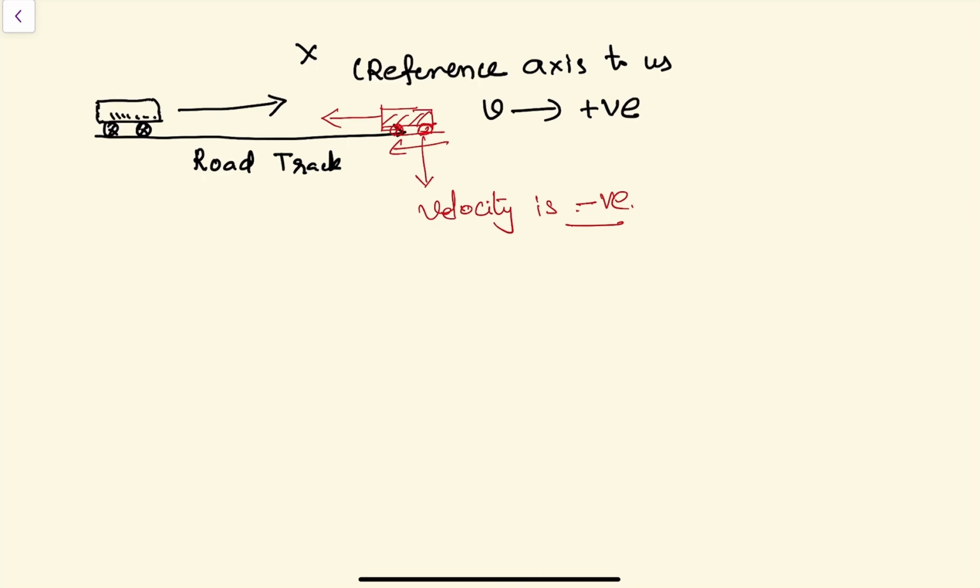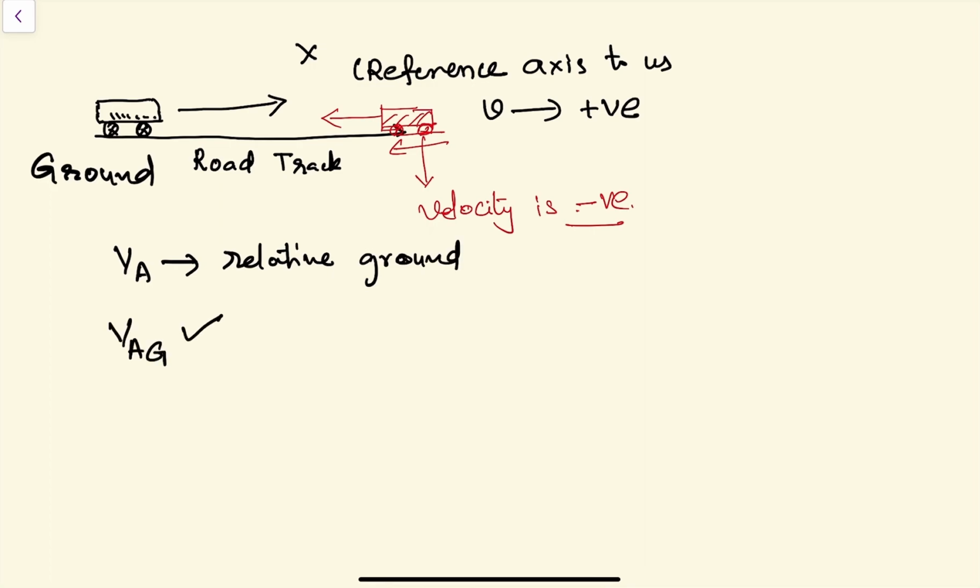Of course, generally we first describe with the ground, not earth. Earth means ground. Suppose the velocity of A is given, which is relative to ground. We will write it as VAG, no issue. If velocity of B is given, that means velocity of B relative to ground.